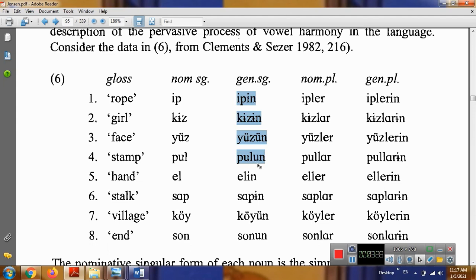But for example, why here do we use un, and here we have in, and here we have ın, and here we have ün? Based on what factor do we choose the vowel of this affix, of this suffix?